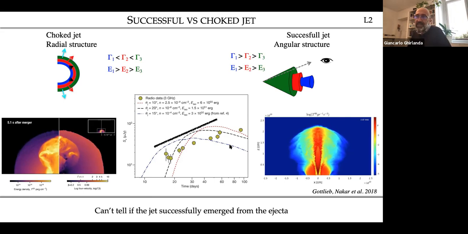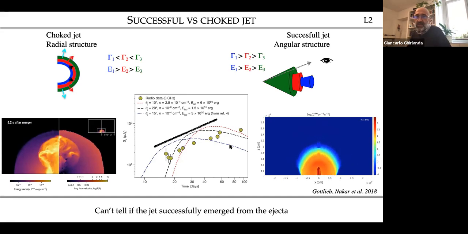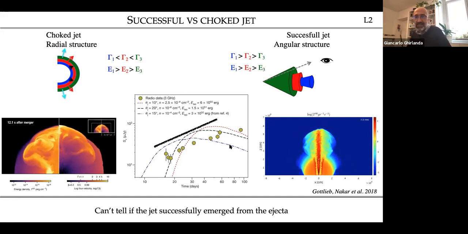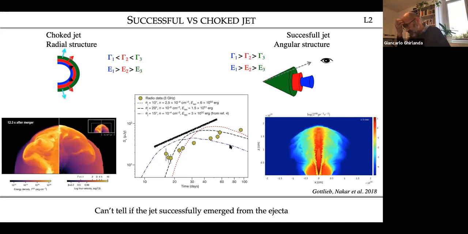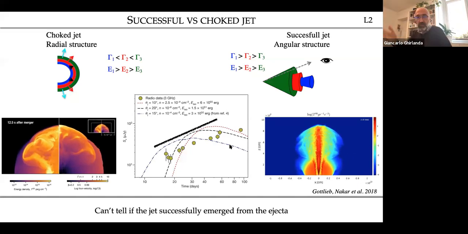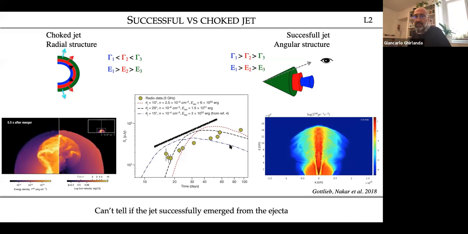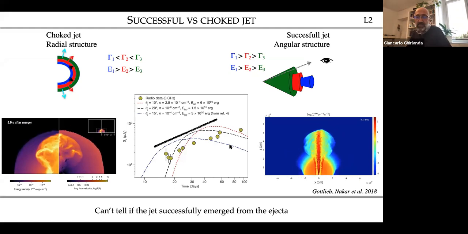But at first order, to understand in general the picture, let's say that at very early, relatively early times, it can be sufficient to treat the jet as a discretized series of jets with a prescription with a structure like the one I showed before, the power law or the Gaussian one, discretized over a length scale which is small enough to assume reasonably that they evolve independently.